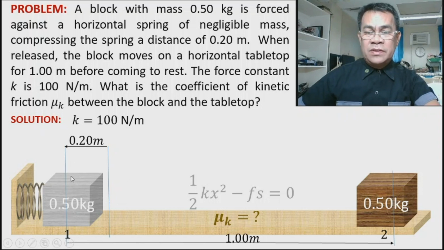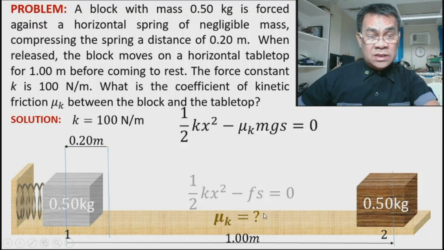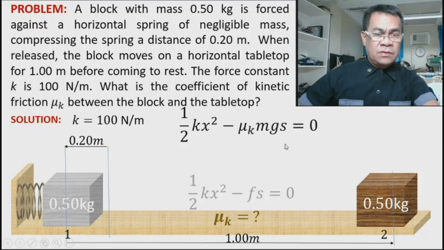This is in video number 1. The normal force is just mg because this is horizontal. So mu mg is the friction multiplied by the displacement. So therefore, we now have 1 half kx squared for the elastic energy minus mu k, which is unknown, times mg, the normal force, so mu N is friction, and displacement is s, and equate that to 0.